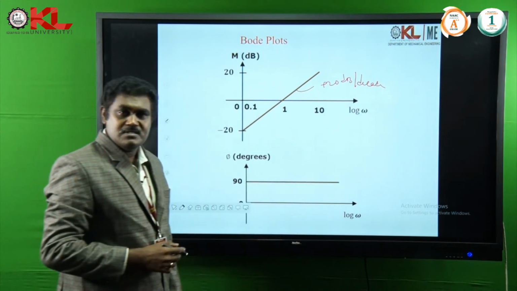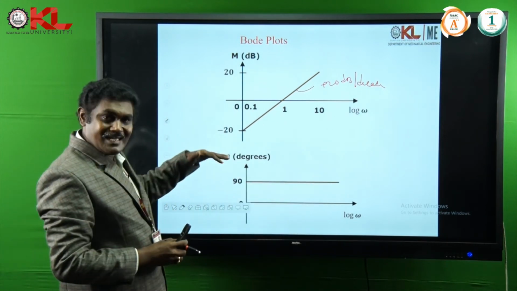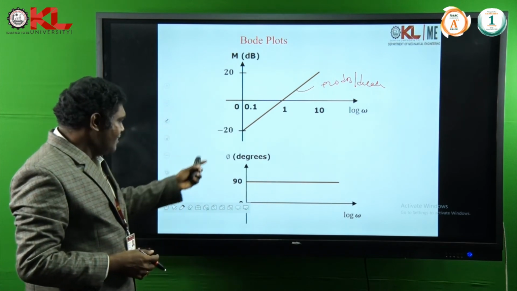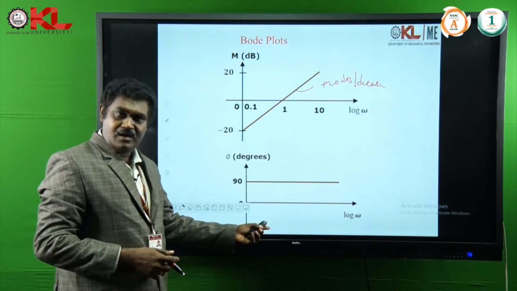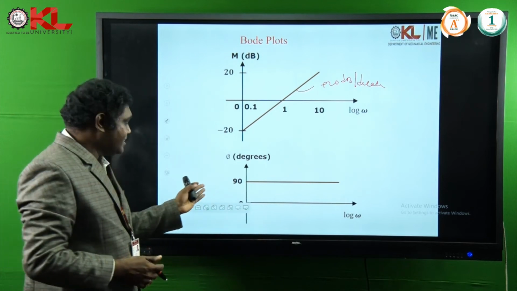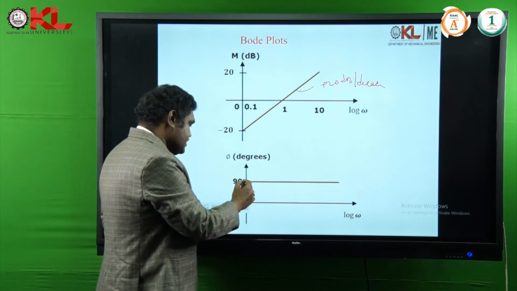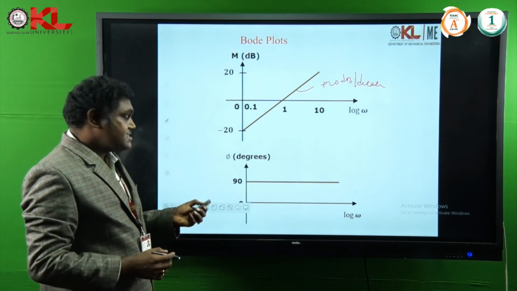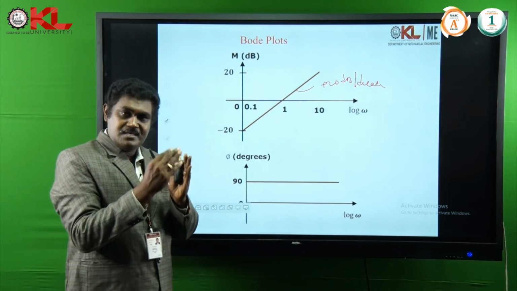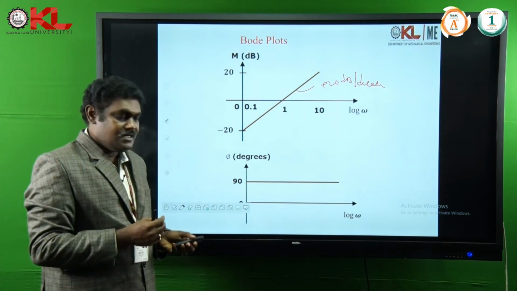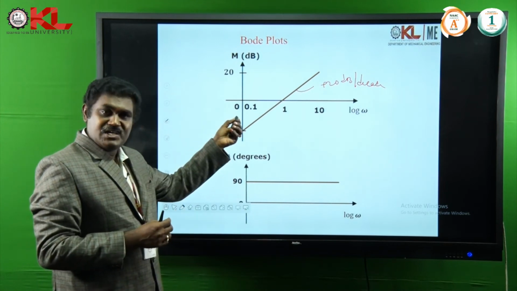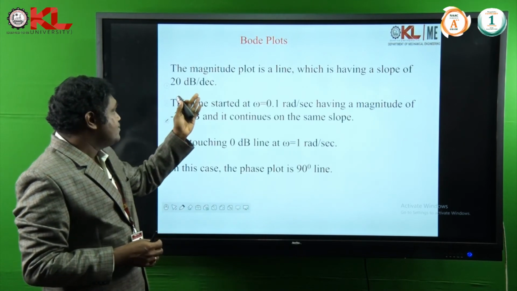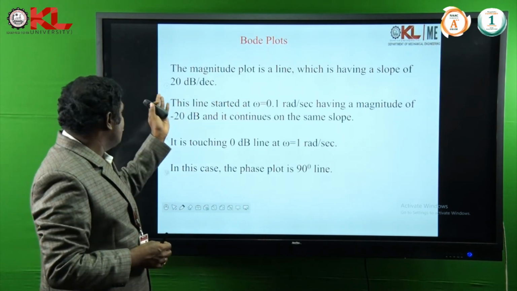So, in each decade it increases by 20 decibels. Coming to the phase plot, the phase is plus 90 degrees, so we just draw a straight line at 90 degrees. This is the magnitude plot and phase plot when the transfer function is s. The magnitude plot is a line having a slope of 20 decibels per decade.